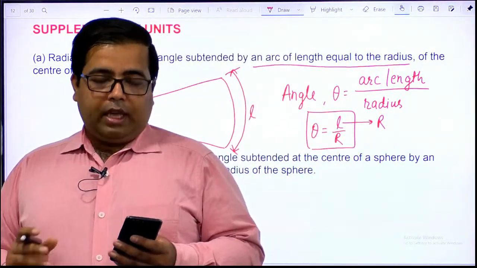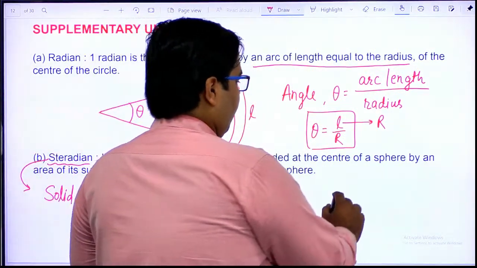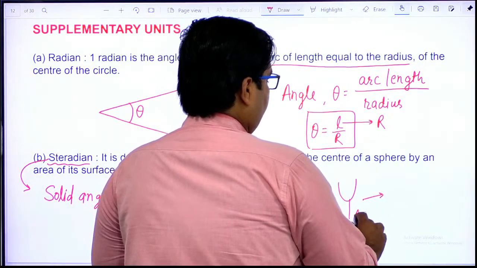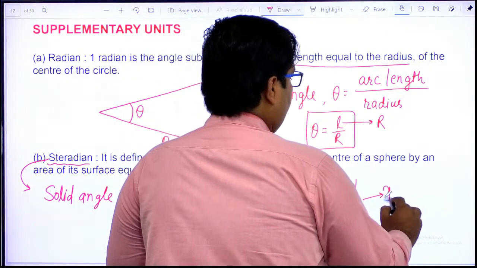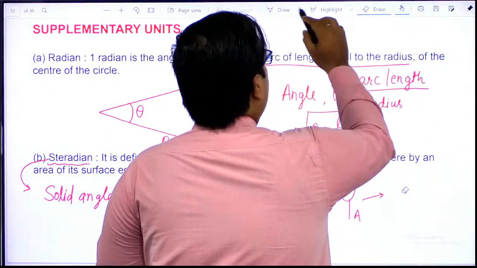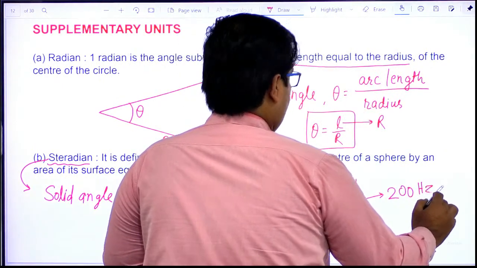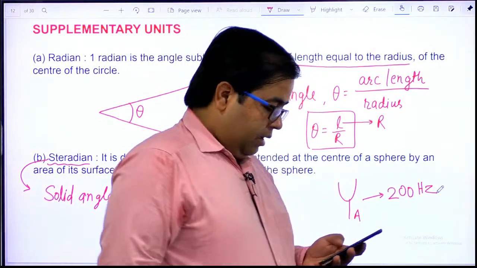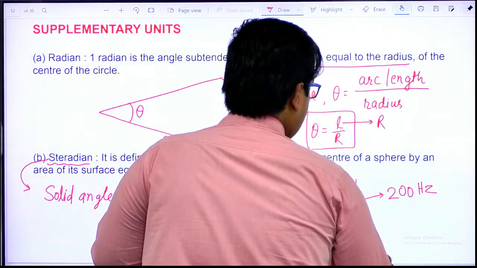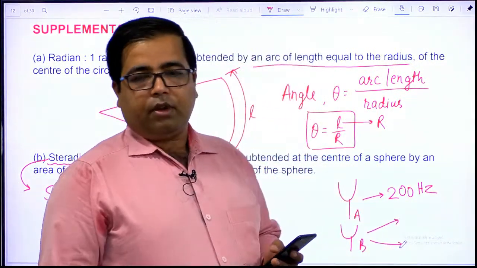We have a tuning fork A whose frequency is 200 hertz, and we have another fork B. The beats are the difference of frequency.